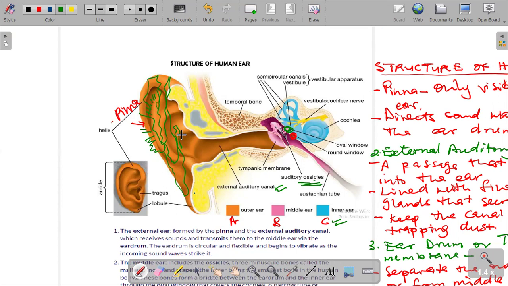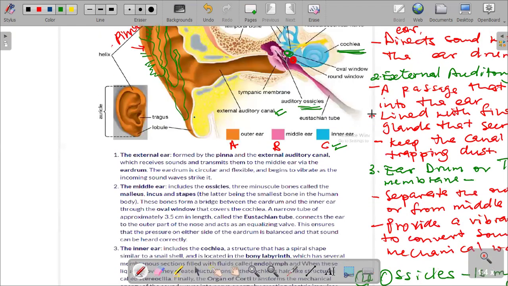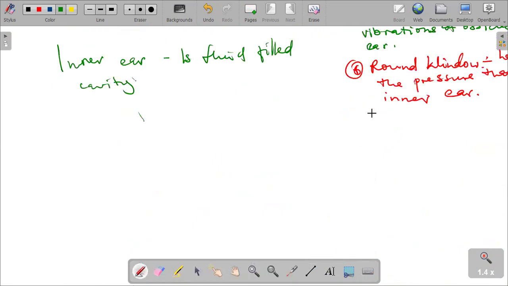In other words, it looks like a snail, that one there, the cochlea. What is the function of the cochlea?